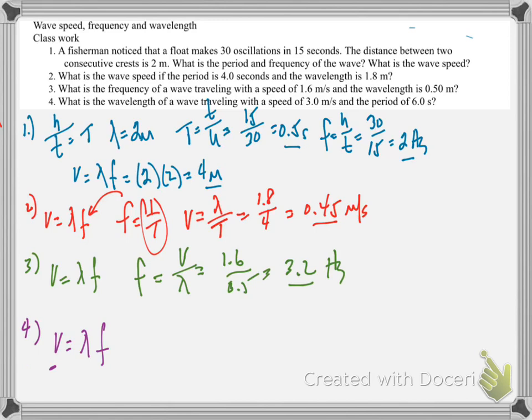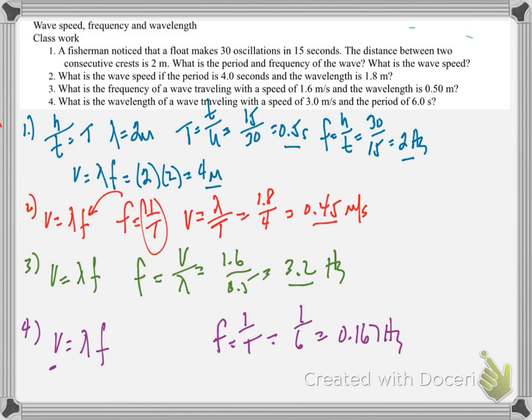So we could convert period to frequency, because frequency equals 1 over period. So 1 over 6 is 0.167 hertz.